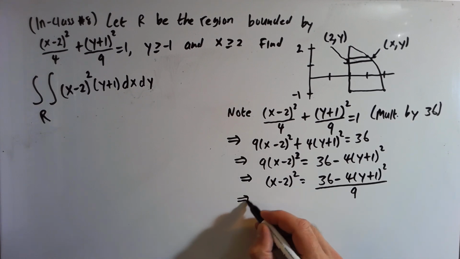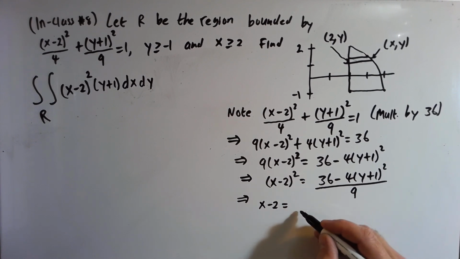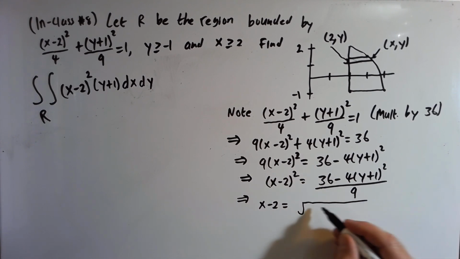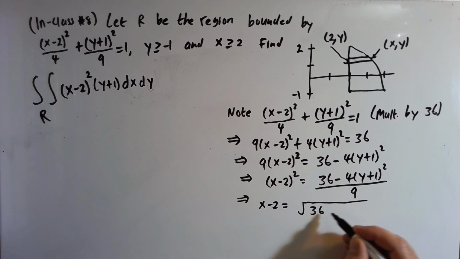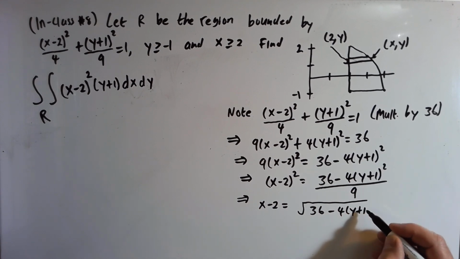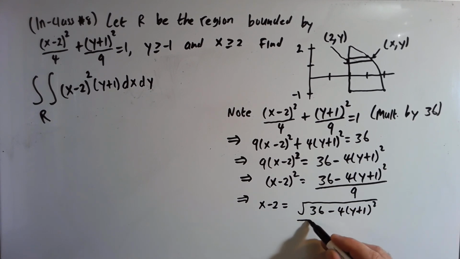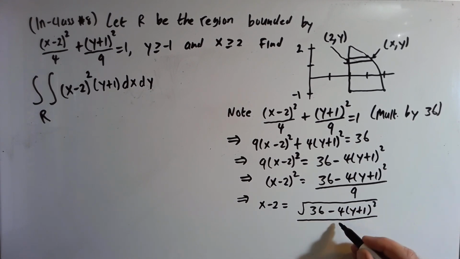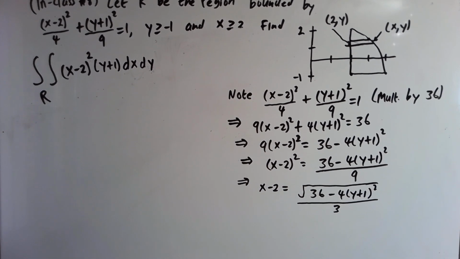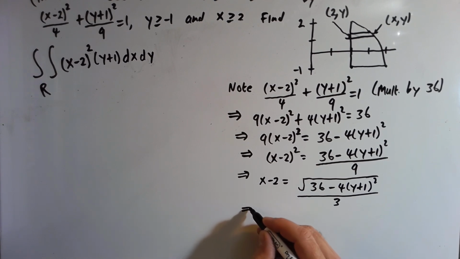Taking the square root, x minus 2 equals the positive square root of 36 minus 4(y plus 1) squared, over the square root of 9, which is 3. Lastly, to solve for x, I add 2 to both sides.